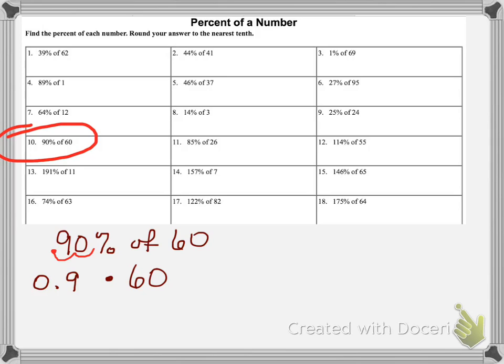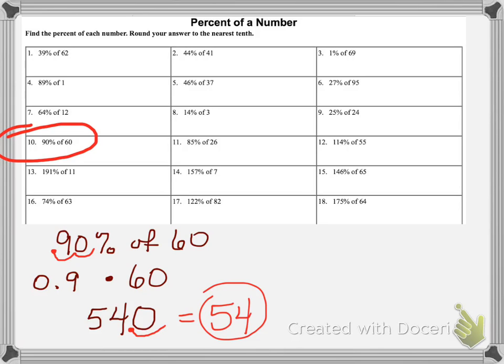Now mental math should show you that 9 times 6 is 54, so 9 times 60 is 540. Remember that you had that 1 decimal place, so that means you have to move 1 decimal place in your answer. So your answer is actually 54. Now, is 54 close to 60? Absolutely. So does that sound reasonable?